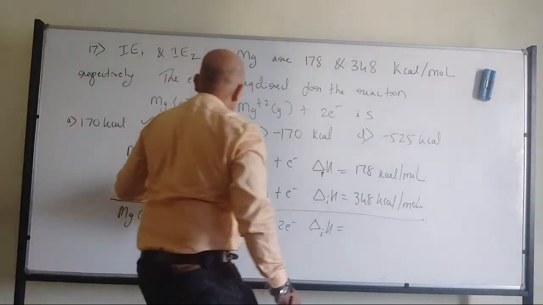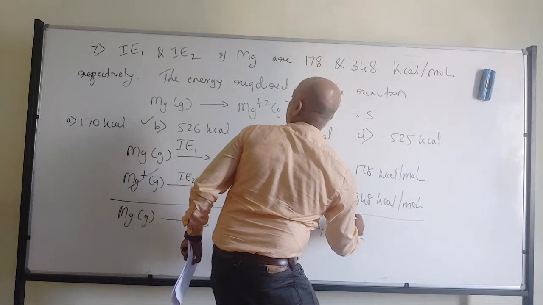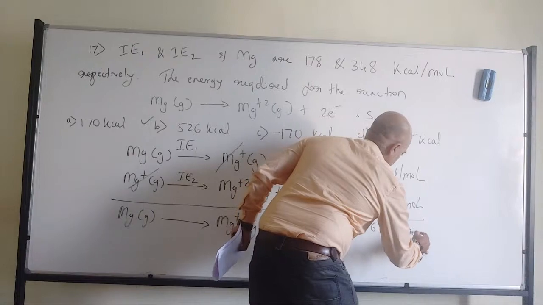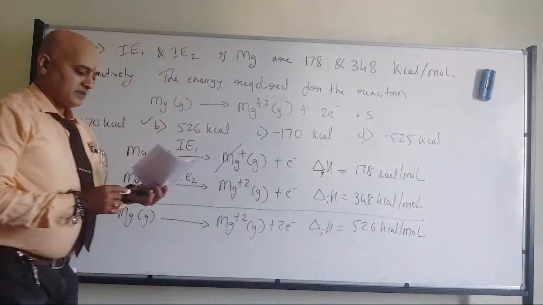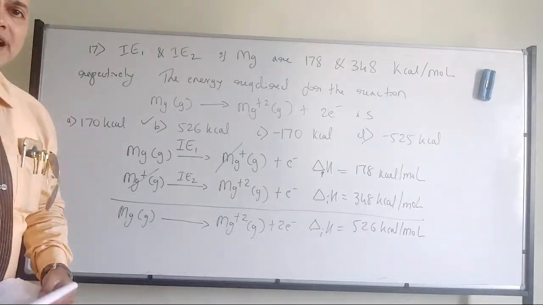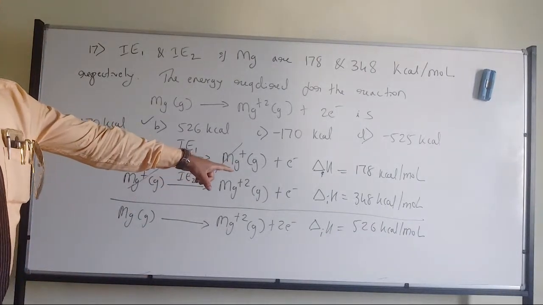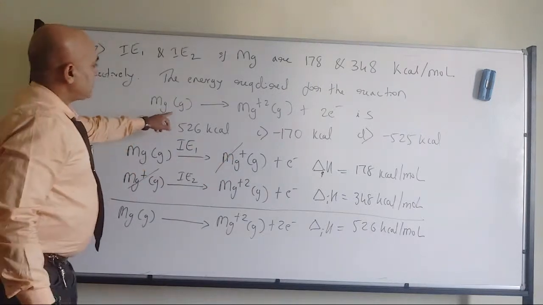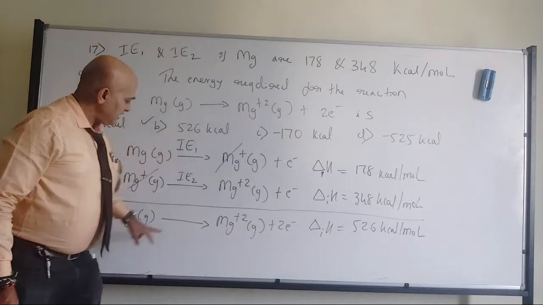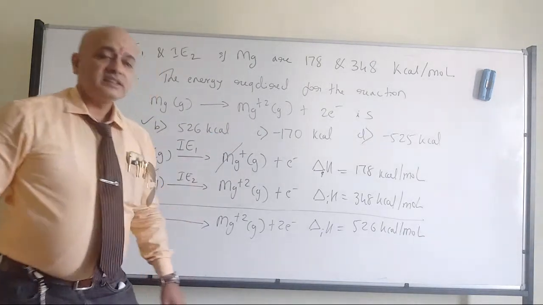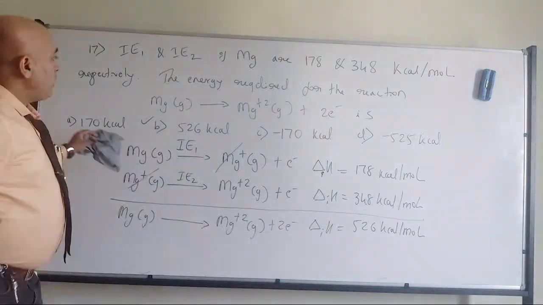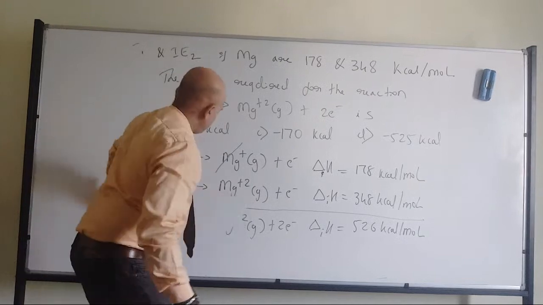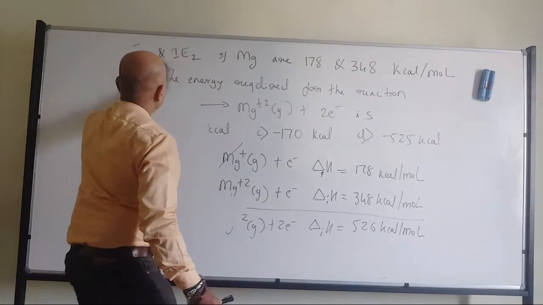As you people have written, it should be 526 kilocalories per mole. Absolutely fine. Final ionization enthalpy will be 526 kilocalories per mole, because they are talking about this particular reaction. Fine. So all of you have understood. So that's where option B should be the answer. All of you are correct. Very good. So we'll move to the next question.